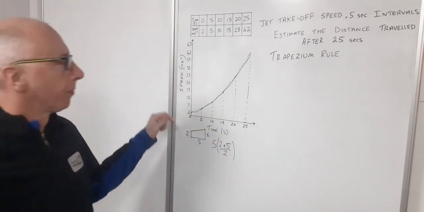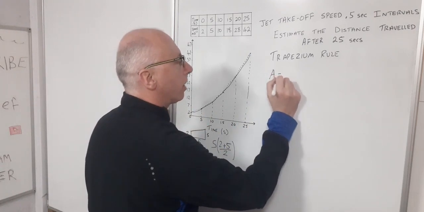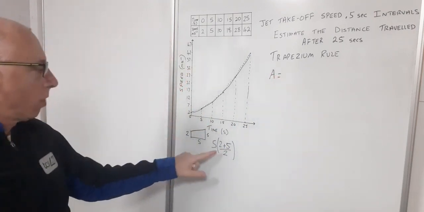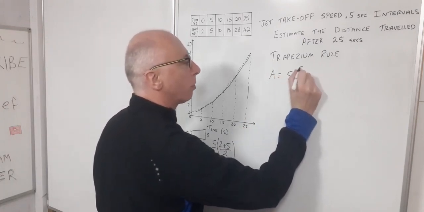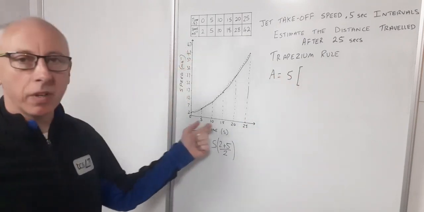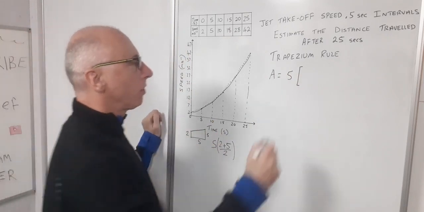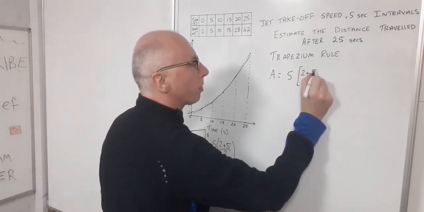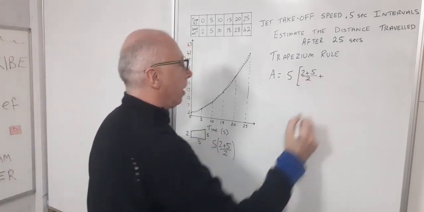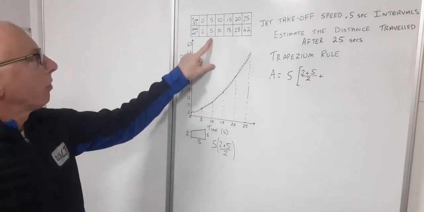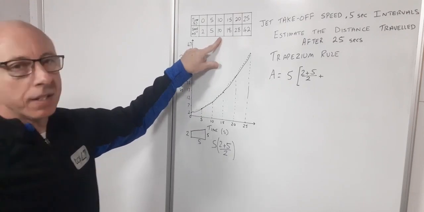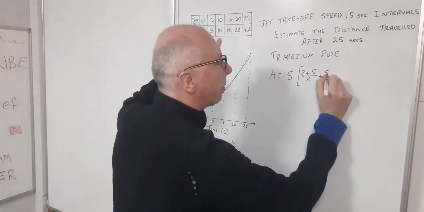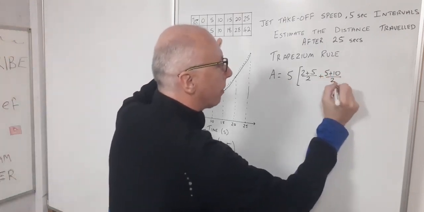So let's do that. So our area equals, so the first one is 5 times, and let's put a nice big square bracket and let's see if we can fit all of these in. So 2 plus 5 over 2, we've already done the first one. Then to add the second one, we've got these values in our table. So the speed is 5 and then 10. So we add 5 plus 10 and divide that by 2.